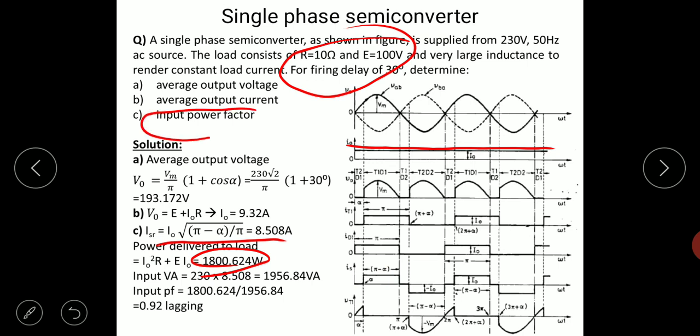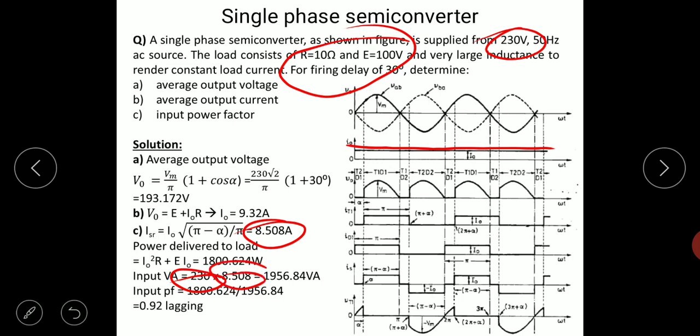We have to find the input power factor. That means we now have to find the input volt ampere. Input volt ampere is the supply input RMS voltage times the input RMS current. Input voltage RMS is 230 and input current RMS we have calculated earlier, that is 8.5.